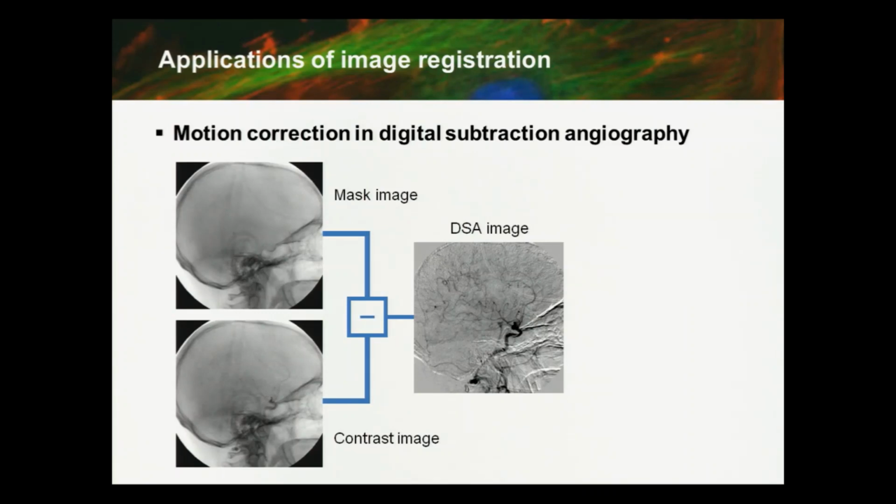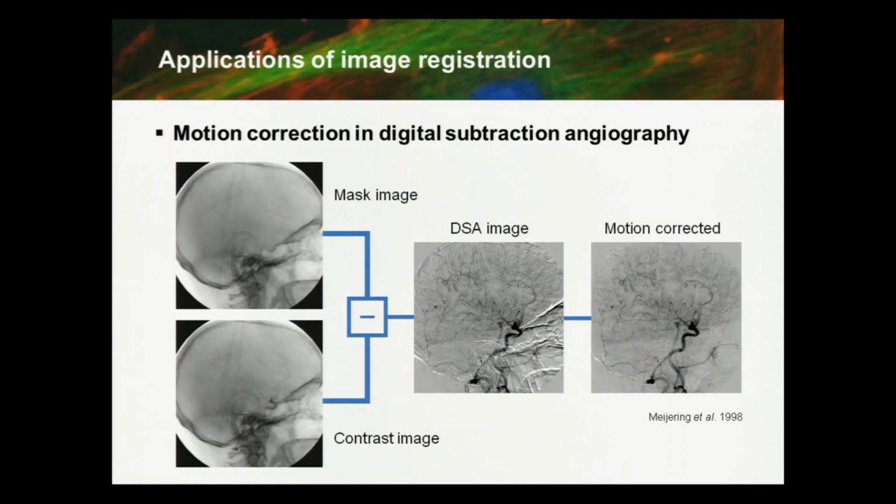So this is a clear registration problem. And I developed a method a long time ago to correct for this. It's not so difficult. You can align these images quite well just by rotation and get rid of the artifacts. It's a pretty strong effect.